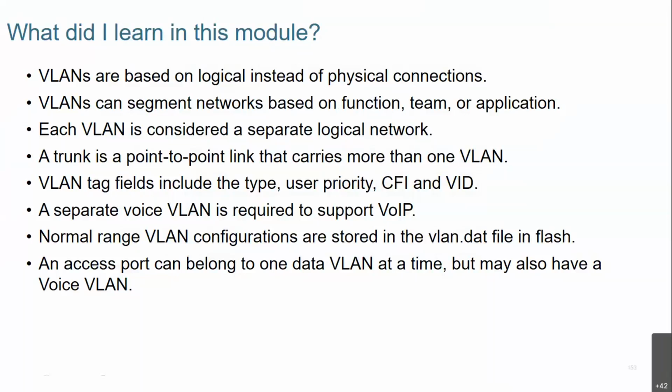Normal range VLAN configurations are stored in the vlan.dat file, while extended ones will be in the running config. An access port can belong to one data VLAN at a time, but it can also be part of a voice VLAN. So it cannot be a member of two data VLANs; it can be one data VLAN plus one voice VLAN.